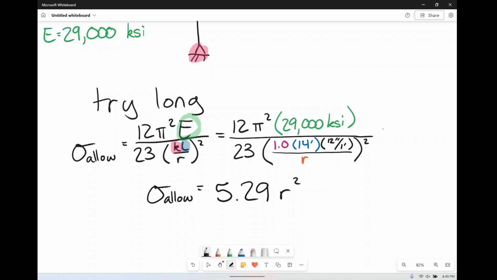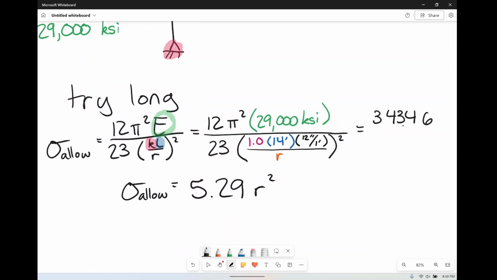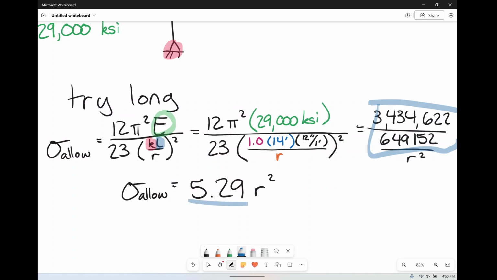So technically this is 3,434,622 over 649,152 divided by R squared. Again, dividing by R squared means we're technically multiplying by it. And if you shrink it down, you'll get 5.29.